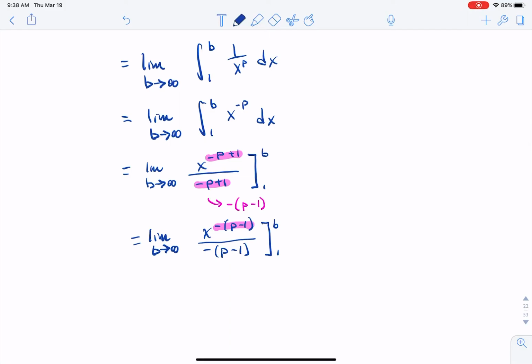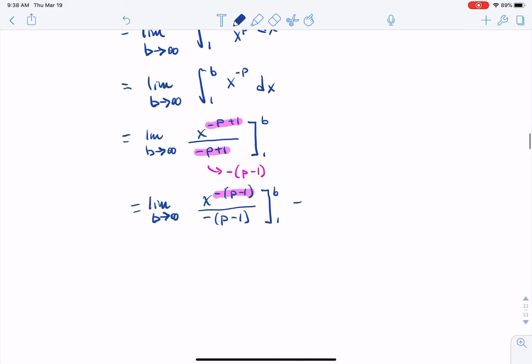So I'm going to rewrite this yet again. I'm going to take this as a coefficient, this negative 1 over p minus 1. I just leave that right up front. And then times 1 over x to the p minus 1 power. Still evaluated from 1 to b.